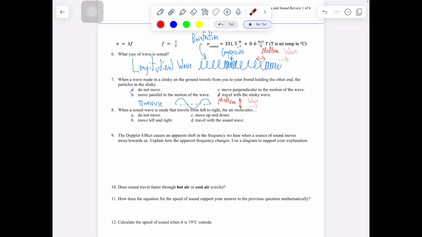For a transverse wave, if the wave is traveling to the right, the medium is oscillating up and down, perpendicular to the direction of that wave motion. So here, assuming we are making a transverse wave, this would be perpendicular for transverse, and it would be parallel for longitudinal.